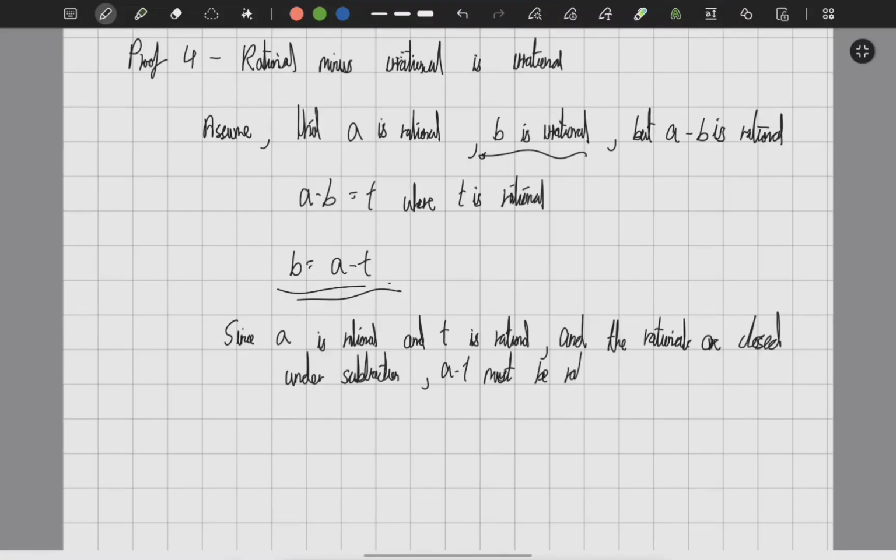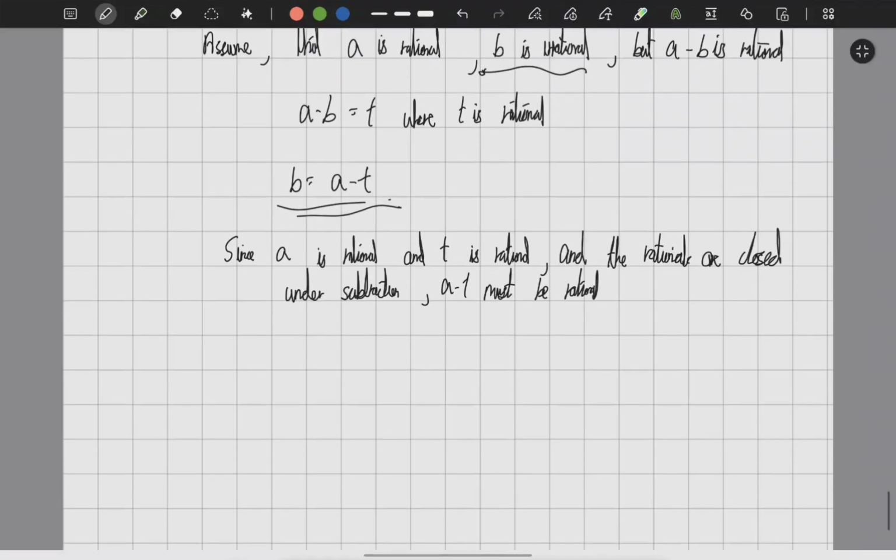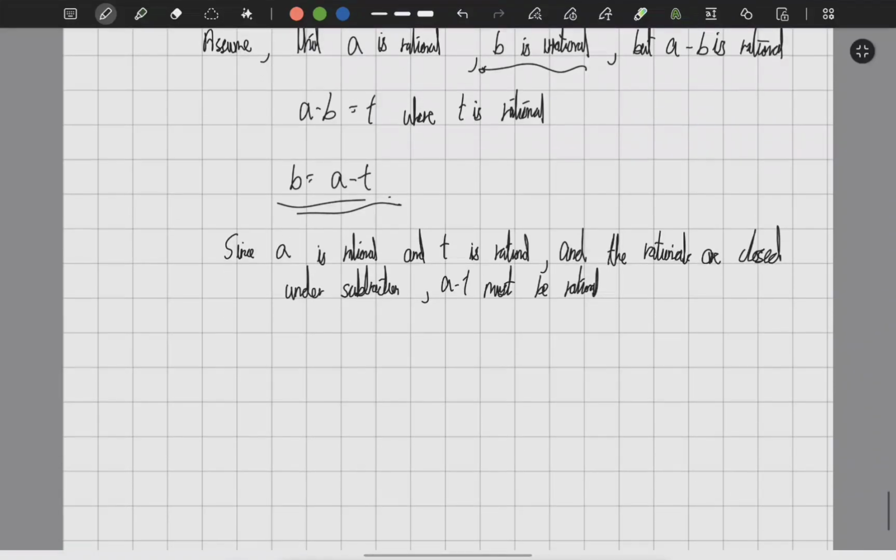And we can do our contradiction, but b is irrational. This is a contradiction, since b cannot be both rational and irrational.